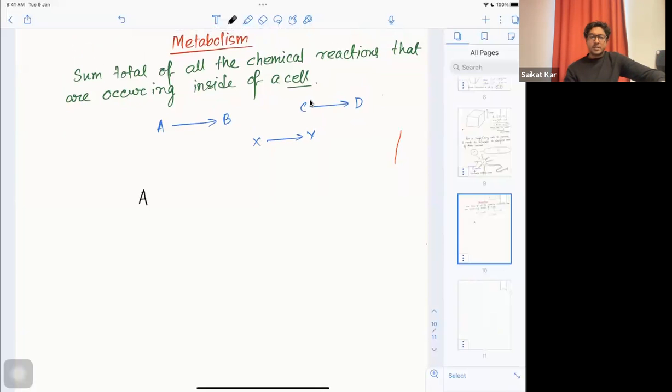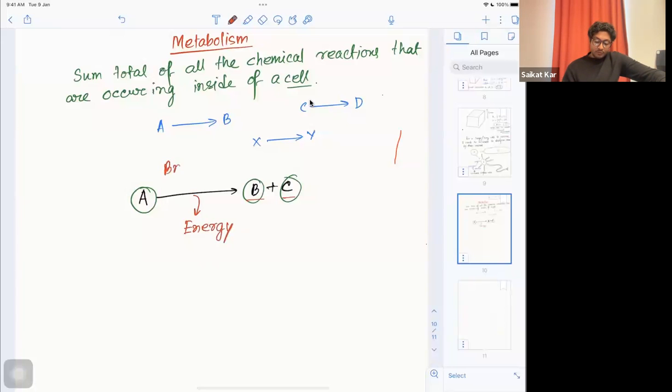So when something breaks down, things will obviously be more disordered. Suppose molecule A is broken down into B and C. A lot of energy is released because the bond is broken down.